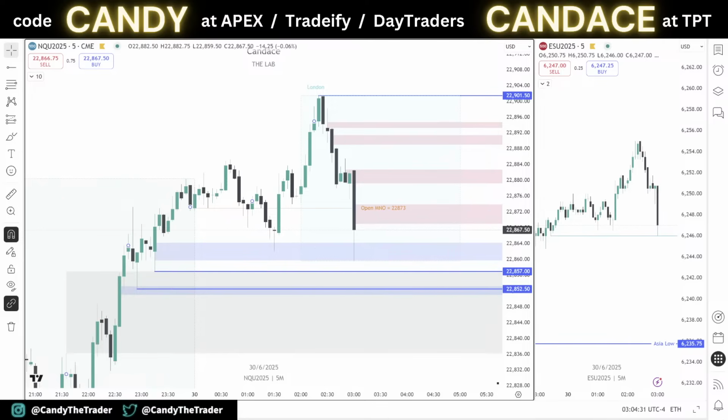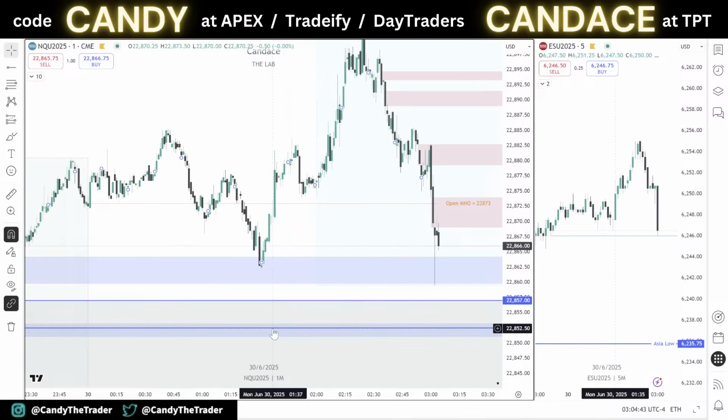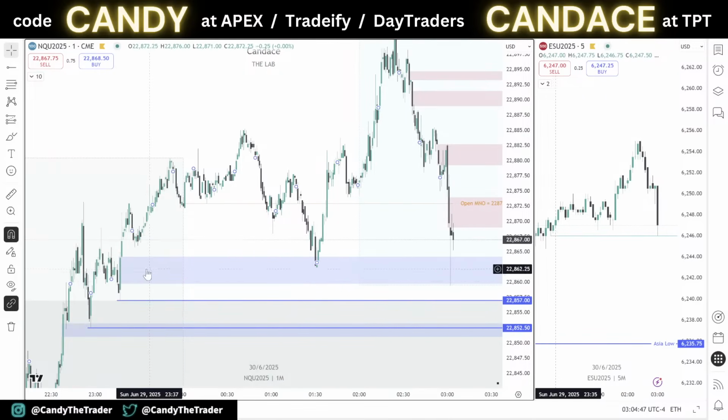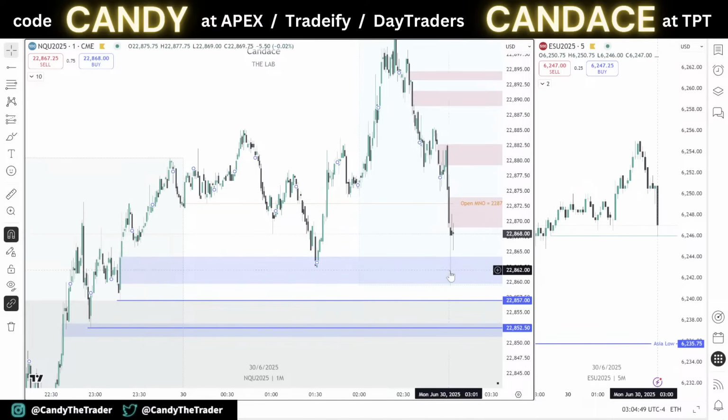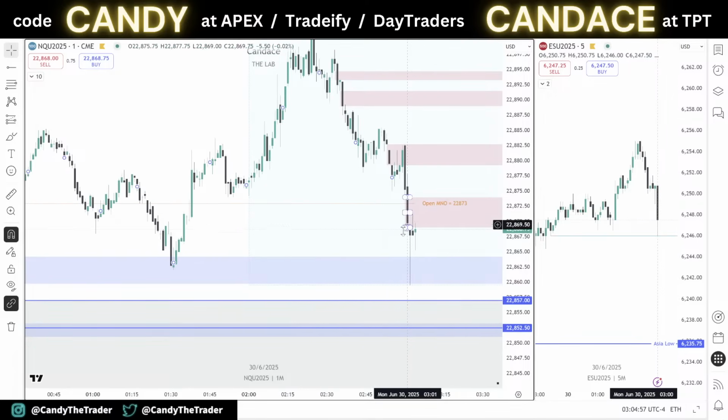I'm watching how price moves with these PDRAs. So you can see price took this low and passed through the whole 1 minute BC, then retraced back to the 1 minute CB.